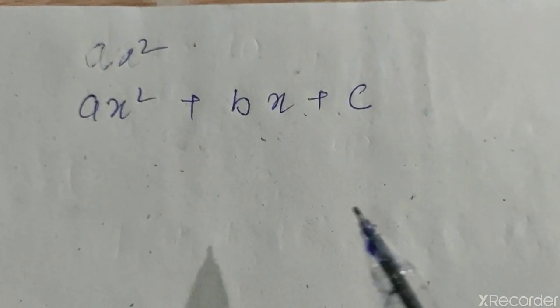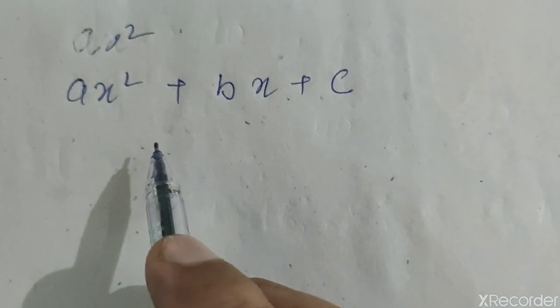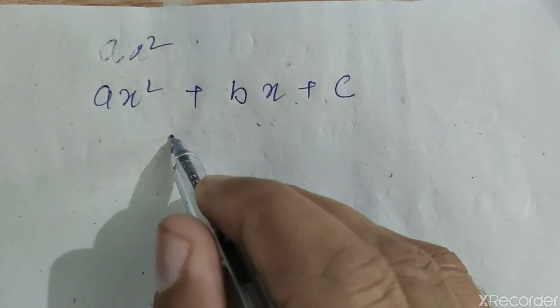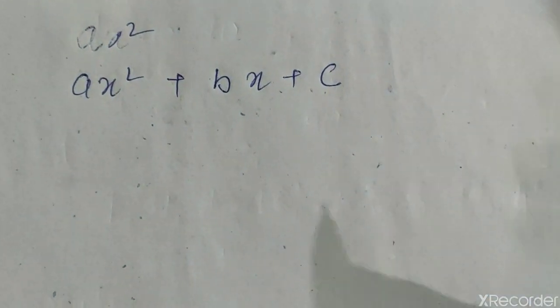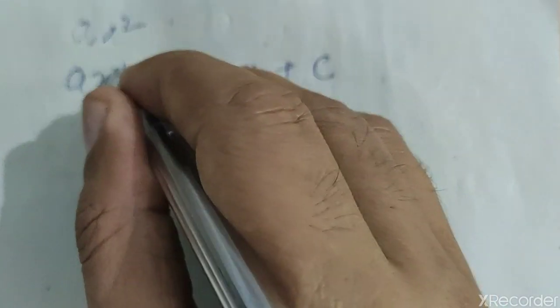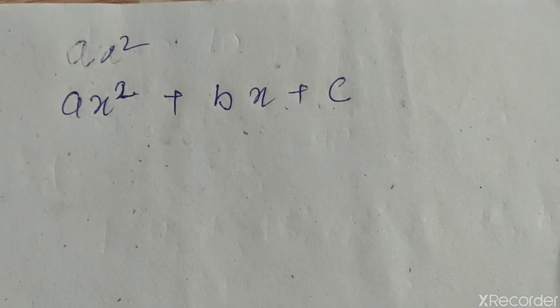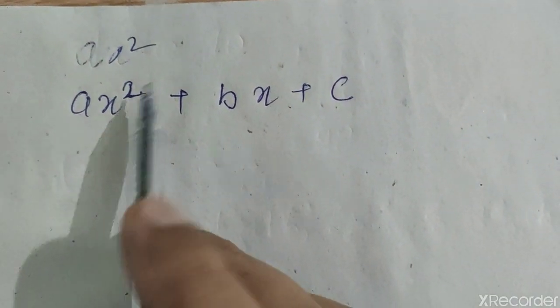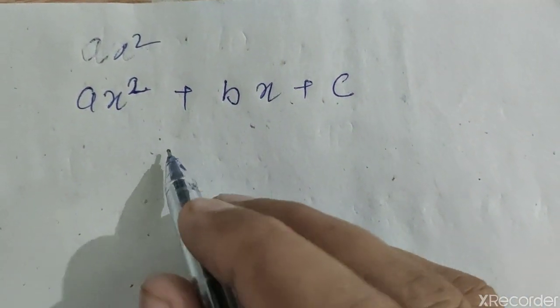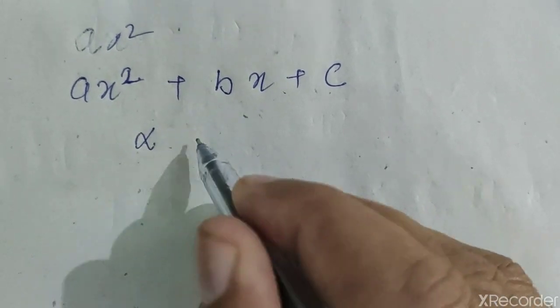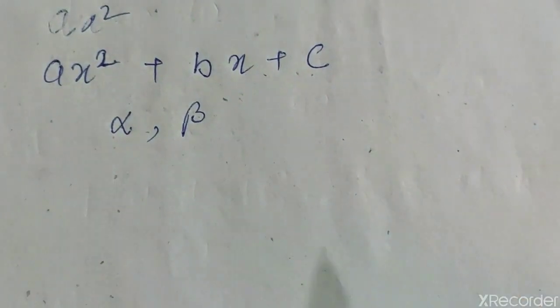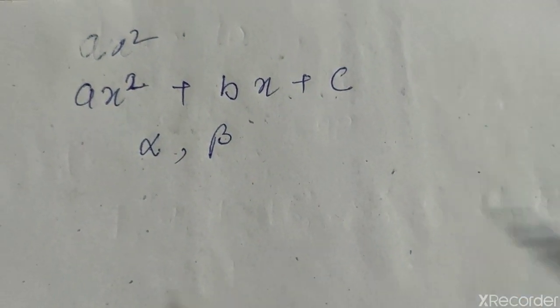When we are talking about its zeros, zeros are whatever values of x we are getting. Since it is a quadratic polynomial, it has degree 2. As I have taught you in the previous video, it will have 2 zeros. The 2 zeros we name alpha and beta.